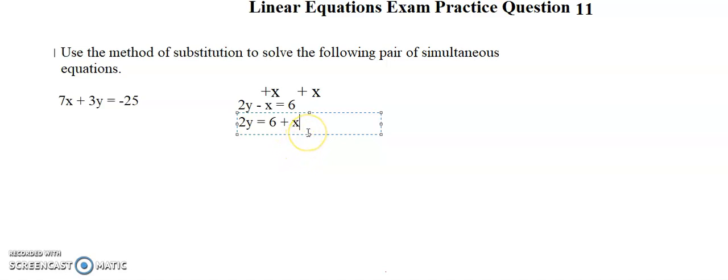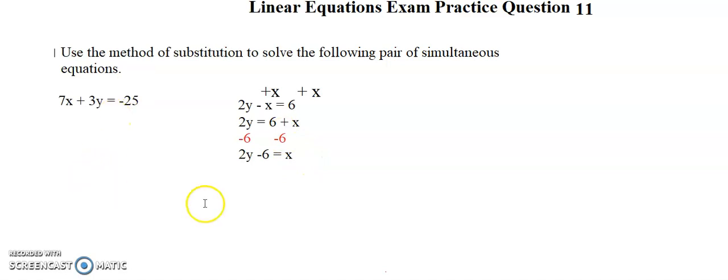Now the next thing I'm going to do is take away 6 from both sides. I just didn't want to have a negative. So now I'm going to have 2y take away 6, and 6 take away 6 cancels each other out, leaving me with equals x. And I've got one variable by itself.